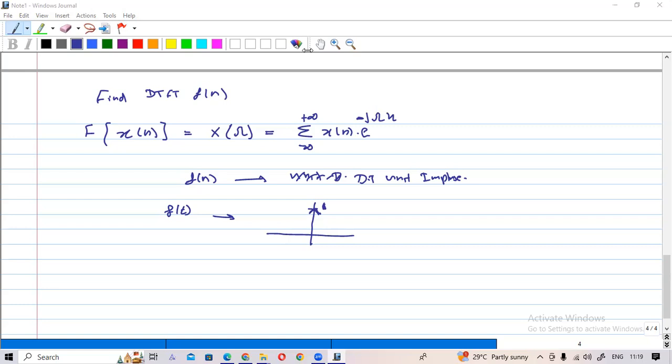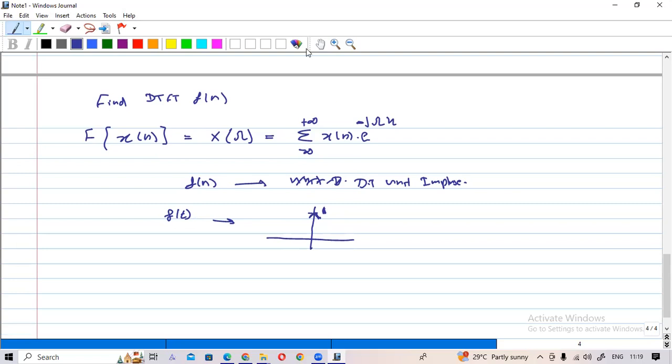So just listen. If it is delta t, we put an arrow here. Actually, this one is not the amplitude. Thank you for the answer. For the discrete time unit impulse signal, this is not the amplitude.